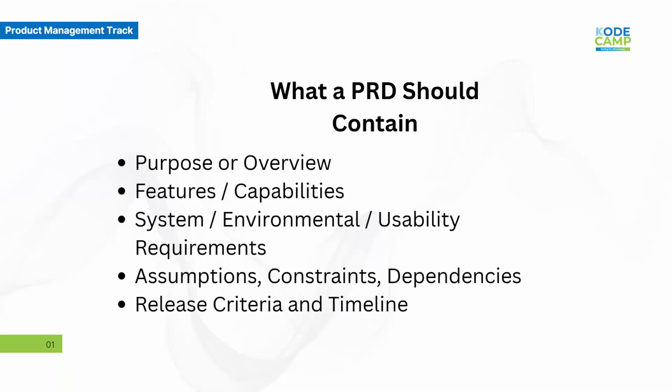Now, for each capability, you provide a use case, a description of how a user would actually interact with that feature. This isn't just helpful for building the feature, right? It's essential for testing and validating.